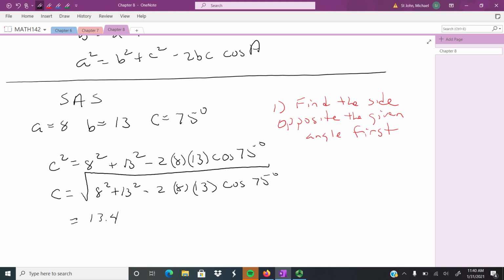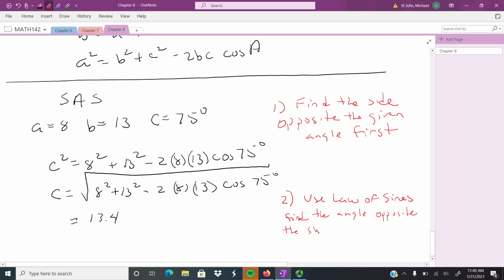Now we can actually go back to using my law of sines. So step 2, we're now going to use law of sines, and we're going to find the angle opposite the shorter of the two given sides.